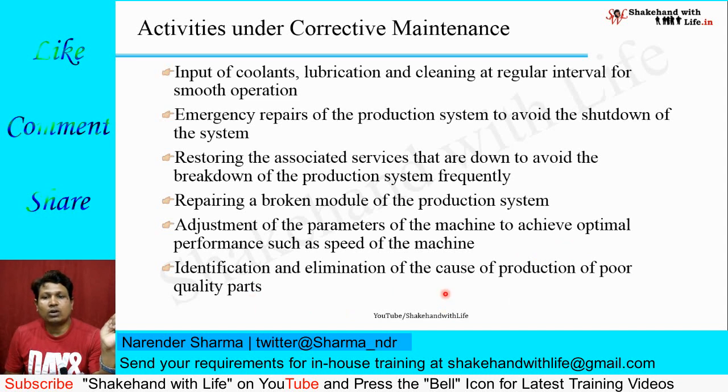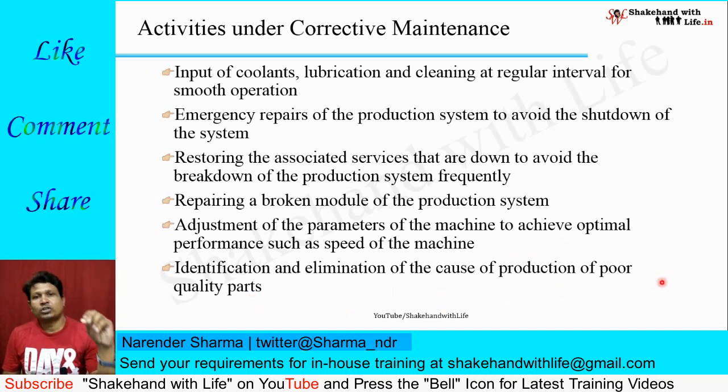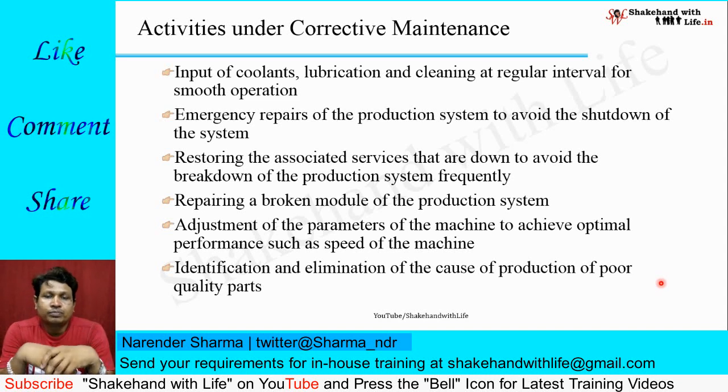Identification and elimination of the cause of production of poor quality parts. If for any reason, for any fault in the production system, the machine starts producing defective parts, then the production team must identify that fault.